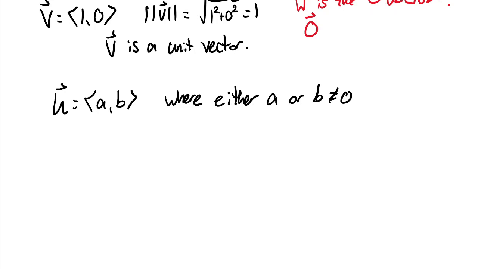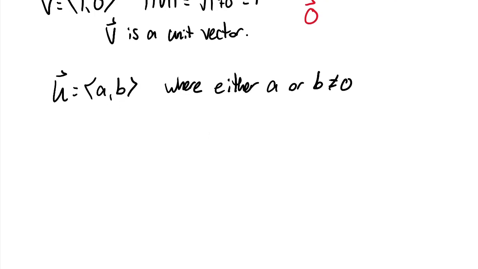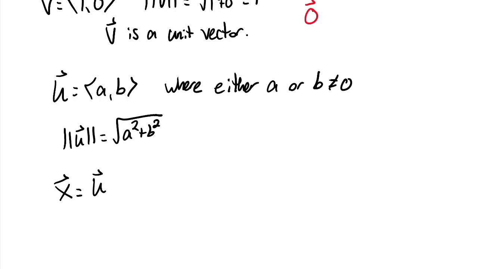So going back to this, if either a or b is not 0, then what can we do here? Well, the magnitude of u is going to be the square root of a squared plus b squared. So if we make a new vector, running out of letters here, let's just call it x, equal to u divided by the magnitude of u.